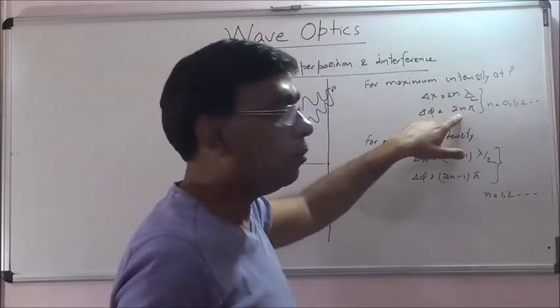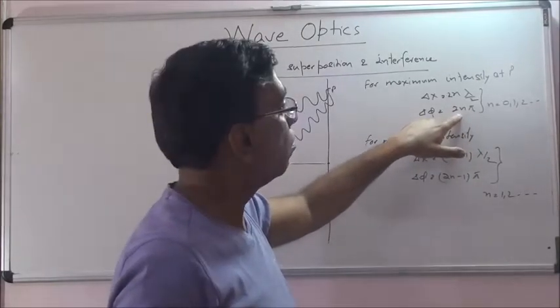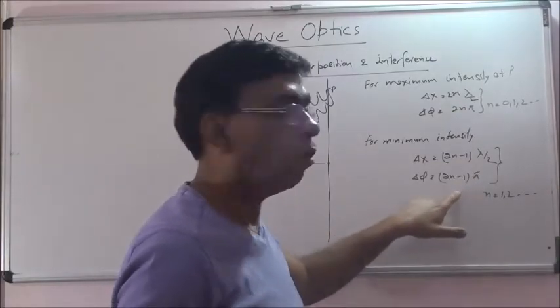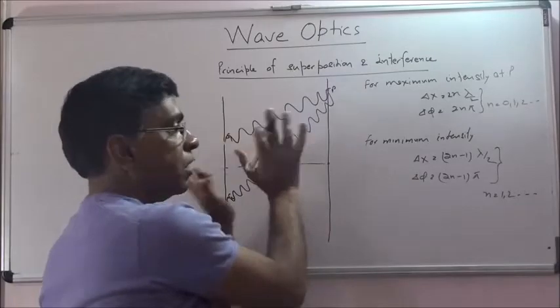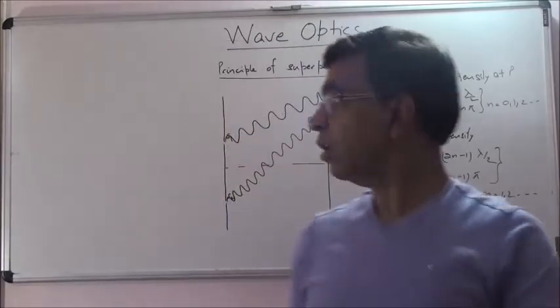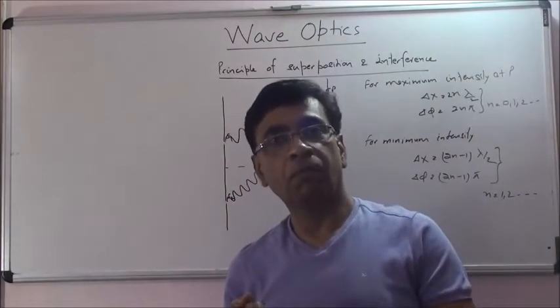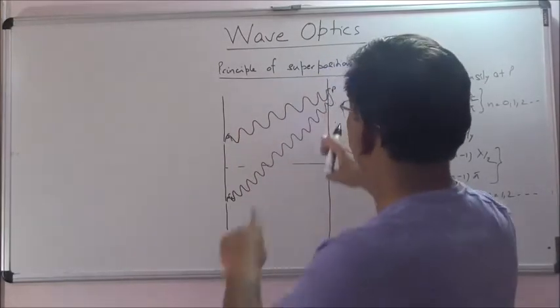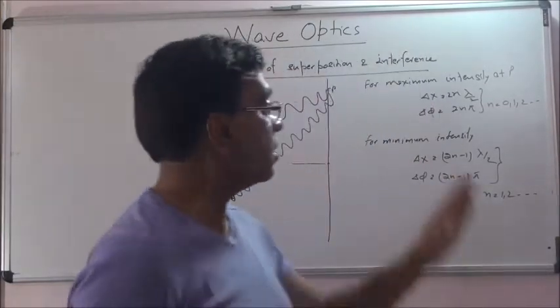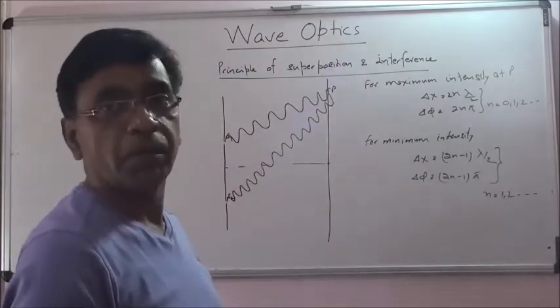Pi even multiple gives maxima, pi odd multiple gives minima. So if we have two waves of the same amplitude, same frequency, and the phase difference between them is not changing, then the intensity in this medium will not be the same at all points.